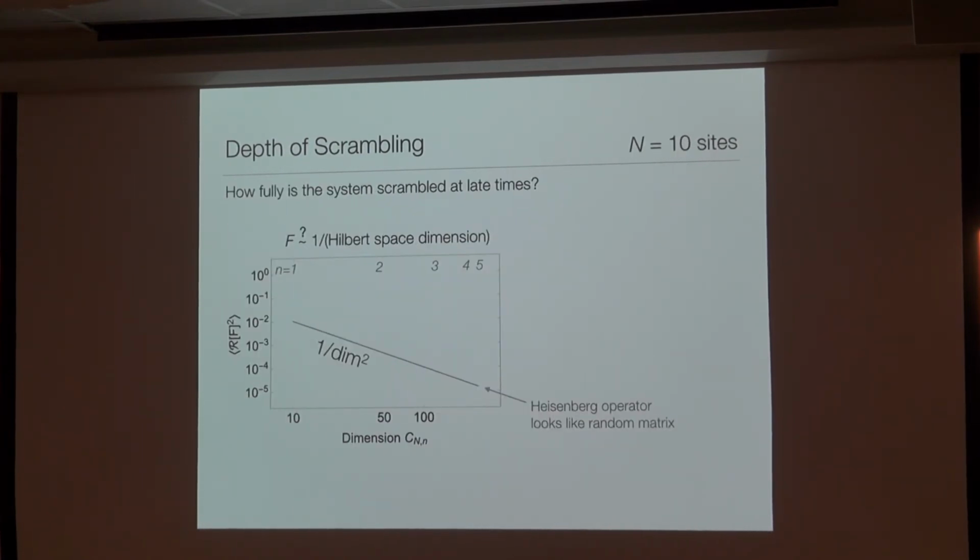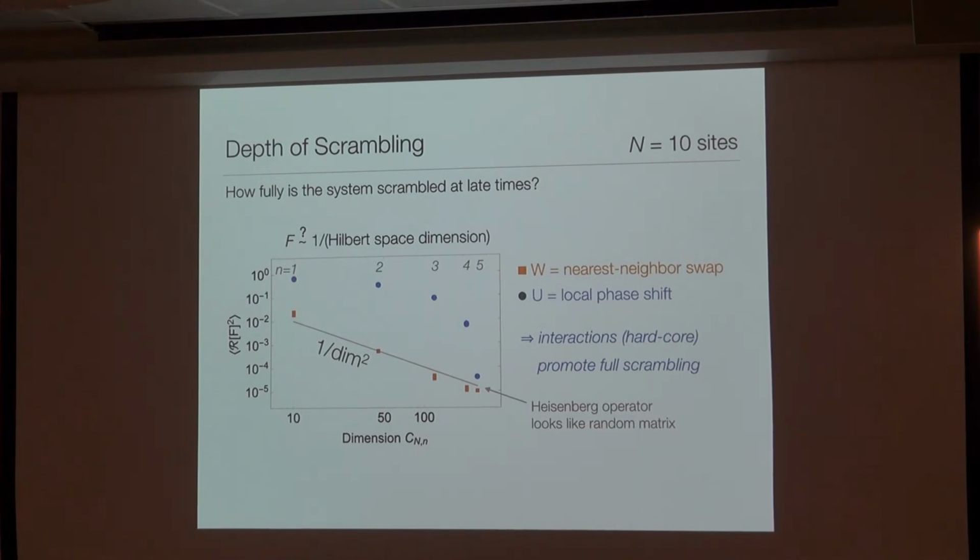You can ask how far it decays, and the furthest it could possibly decay is set by the dimension of the Hilbert space. In what I call the strongly interacting limit, where the system starts with half the sites excited, it decays to that lowest possible level, which is to say the Heisenberg operators describing local spin rotations start to look like random matrices after some evolution time.